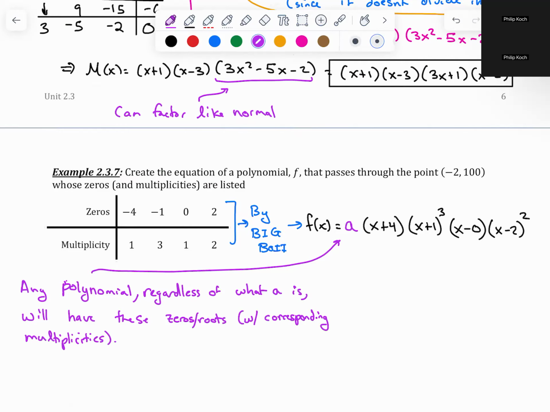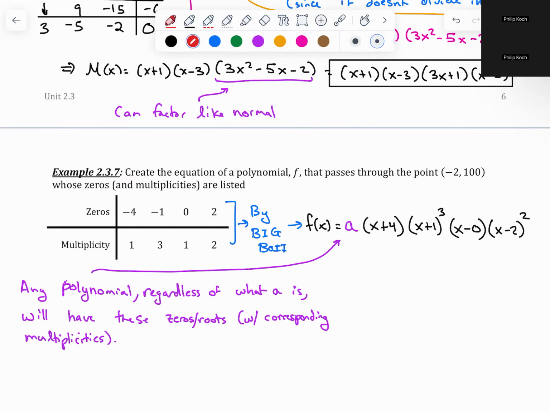That is true. So the problem is, what piece of information haven't I used? The negative 2 and the 100. Yes, the negative 2, 100. In fact, there is only one polynomial with those zeros that passes through negative 2, 100.